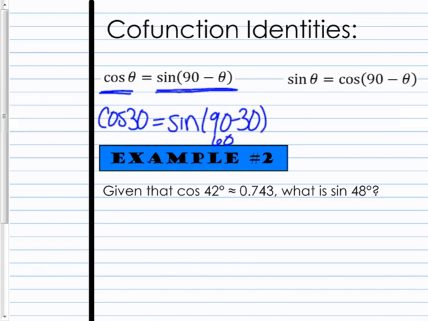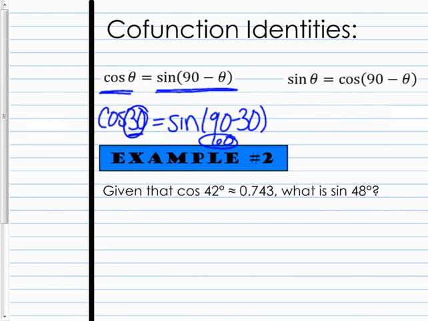So the cosine of 30 is the same thing as the sine of 60, because 30 plus 60 add up to 90. Tangent does not come into effect here. This is only with cosine and sine.